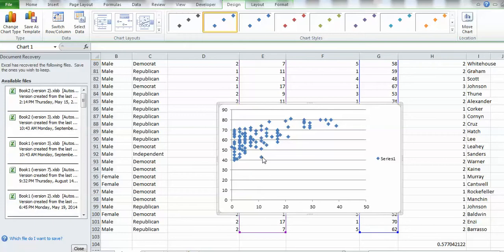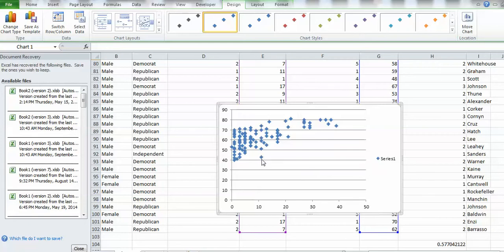So this person, it looks like, became a senator when they were maybe in their early 30s, and now they're about 12 years later, in their early 40s. This person right here maybe became a senator in his or her early 40s, and now about 12 years later, that person is in his or her early 50s. So not everyone starts at the same age.